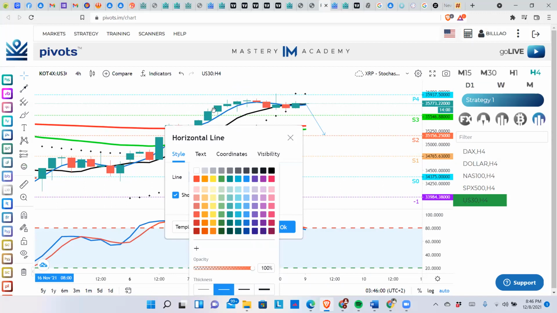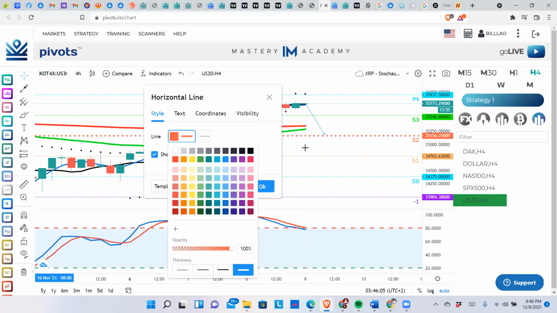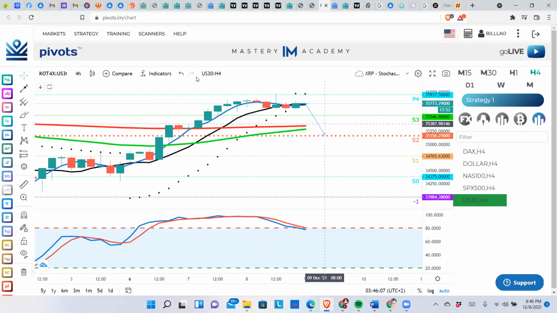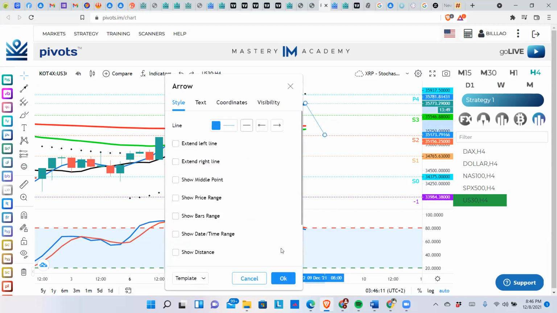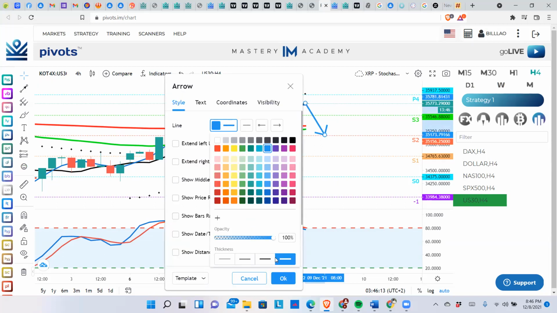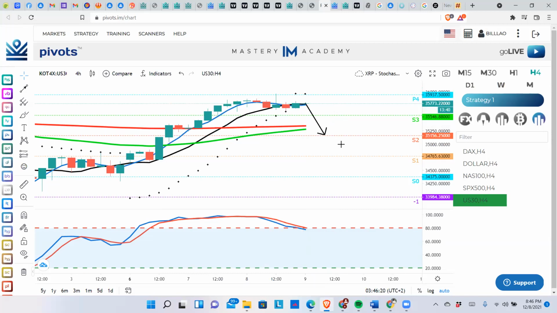Okay, let me just make this bigger for us so that everybody can see the arrow right there. Okay, so we do want to see this drop happening to 35,156.